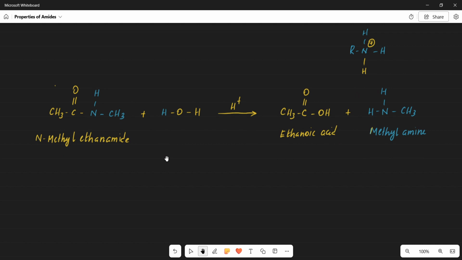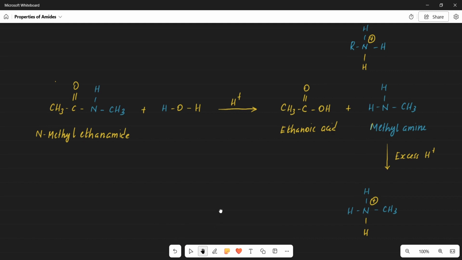As usual, in excess of acid, in excess H plus, you will get H N H CH3 with the hydrogen also attached. That is from the acid.